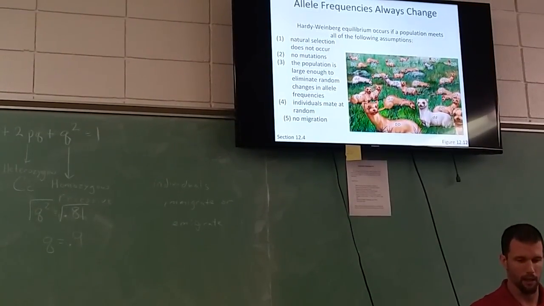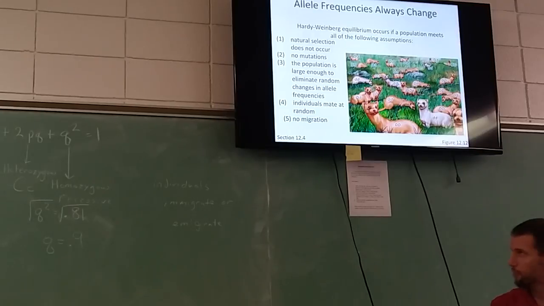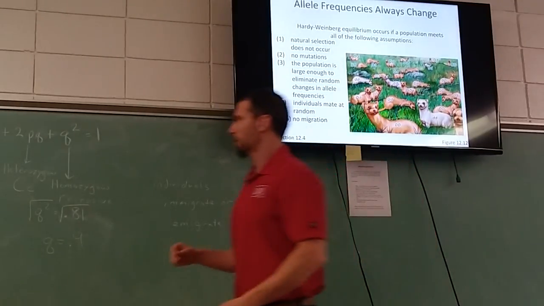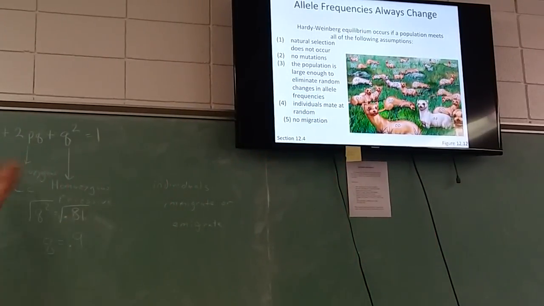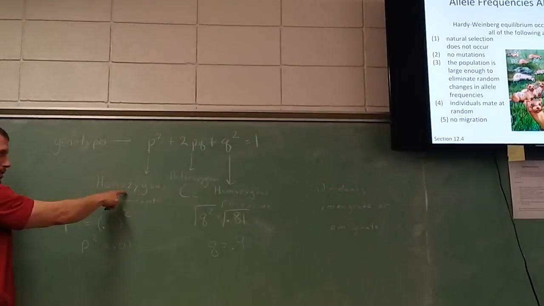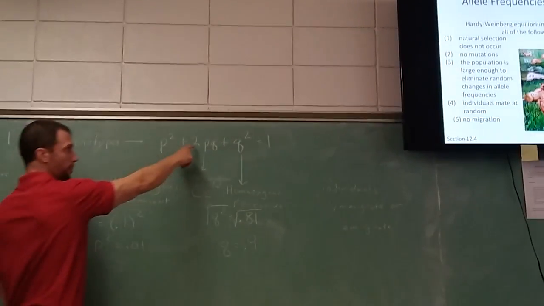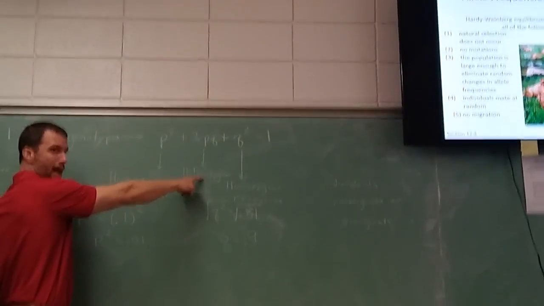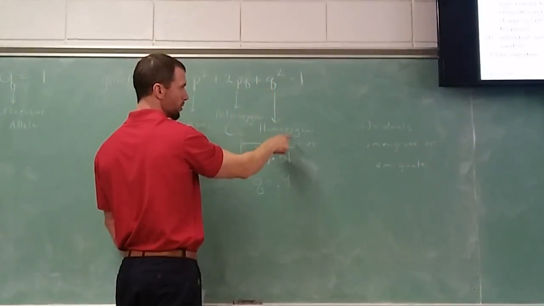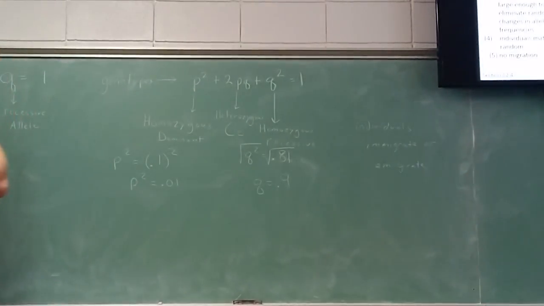Another test question is just being able to know, and I'm not going to tell you which one, but one of these three: either that P squared represents homozygous dominant, or that 2PQ represents heterozygous, or that homozygous recessive represents Q squared.